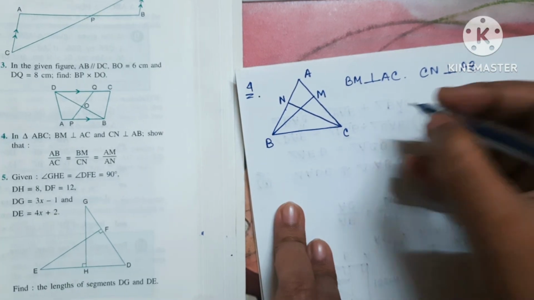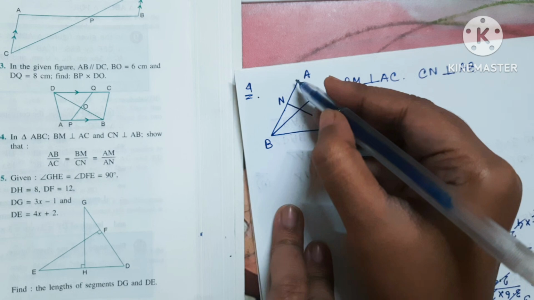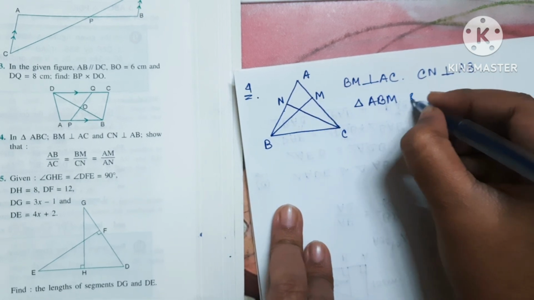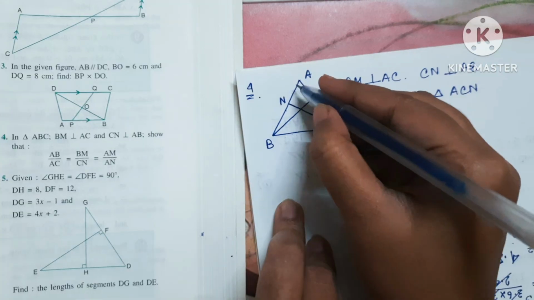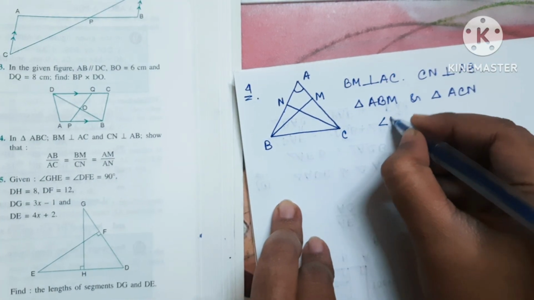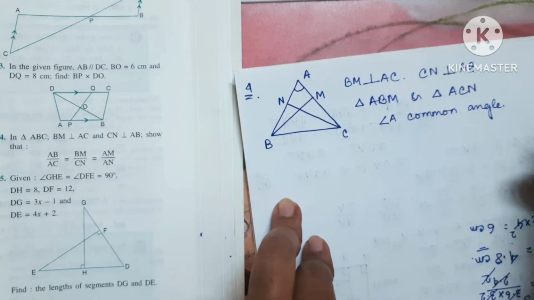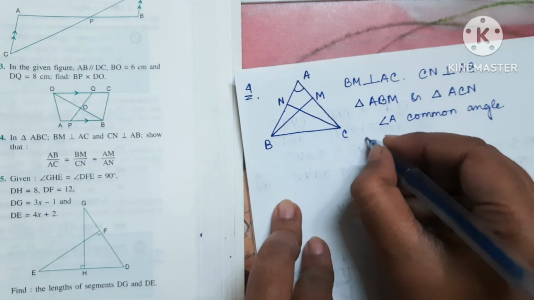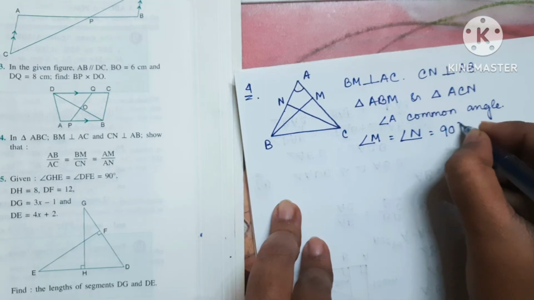Now in these two triangles, ABM and triangle ACN, A is common, so angle A is common angle.